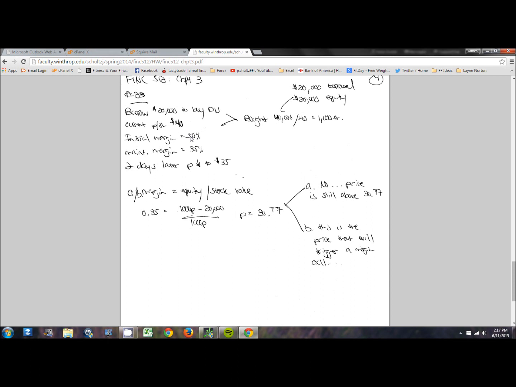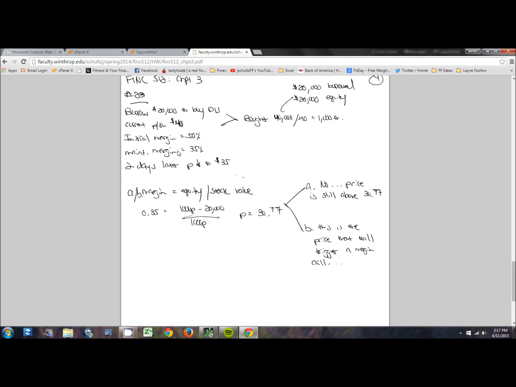Okay? That's where this maintenance margin level comes into play. The maintenance margin is this. Okay, you posted 50% initial margin to open this account. All right. If the stock starts to move against you, you don't have to do anything unless that thing falls below the maintenance margin level that is set by your broker.